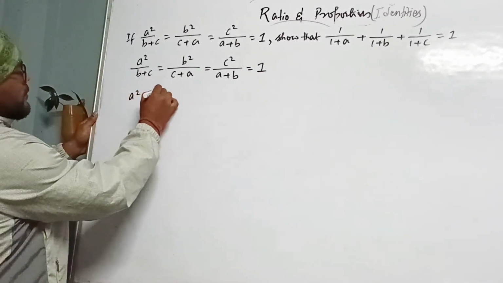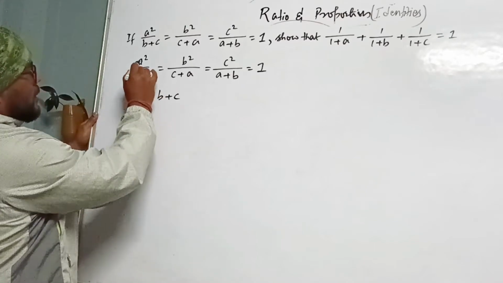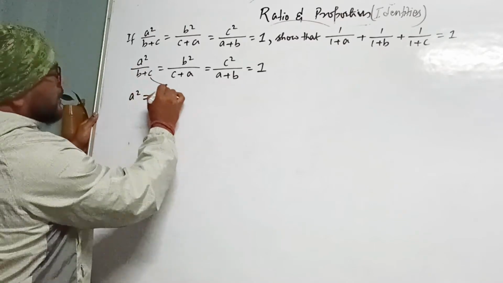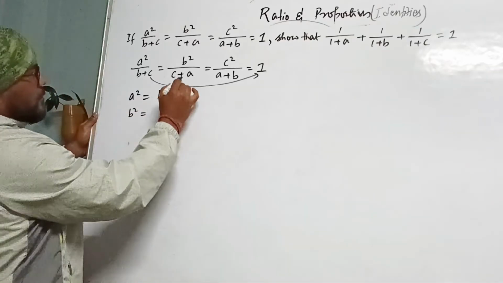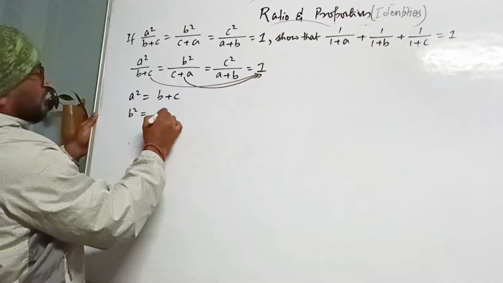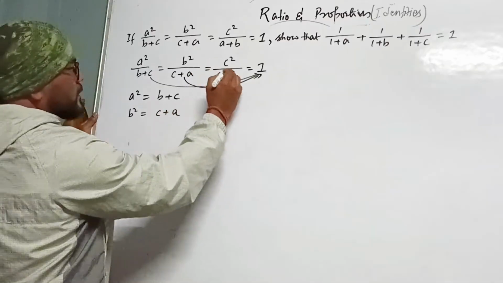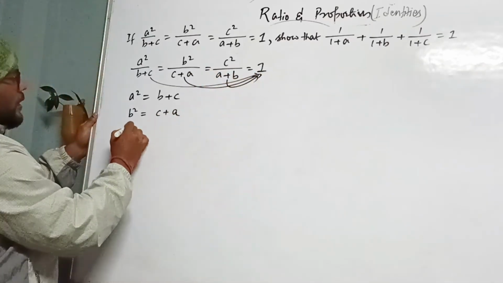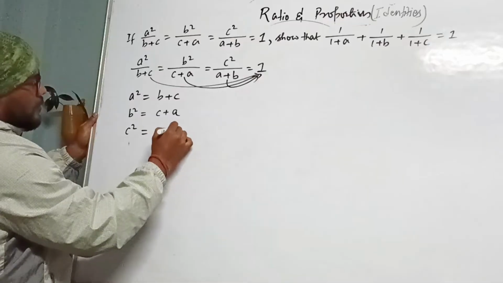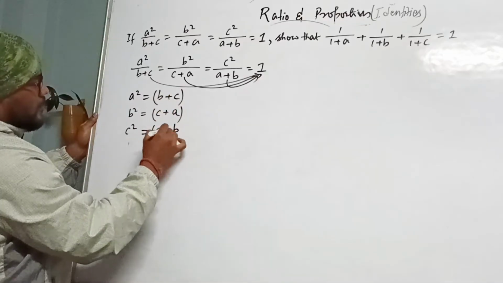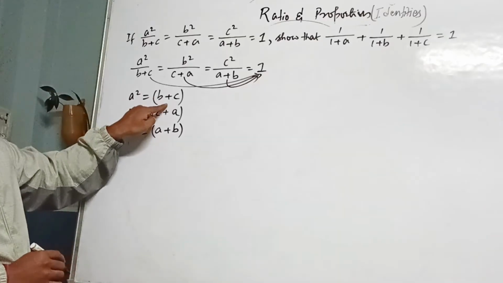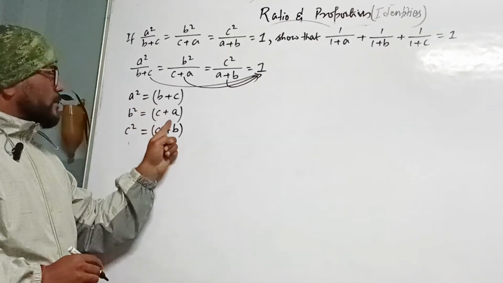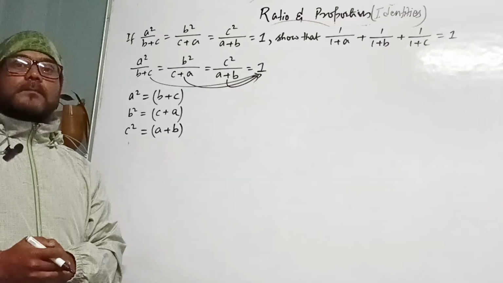So from this relation, we can get a square as (b plus c) into 1, which equals b plus c. b square equals (c plus a) into 1, it becomes c plus a, and c square equals (a plus b) into 1. So from this relation, we have found a square as b plus c, b square as c plus a, and c square as a plus b.